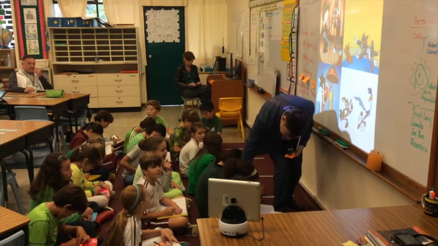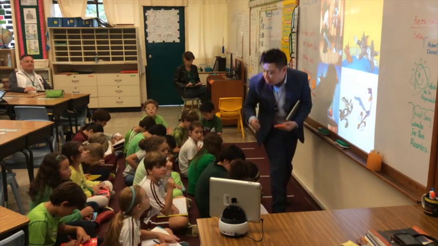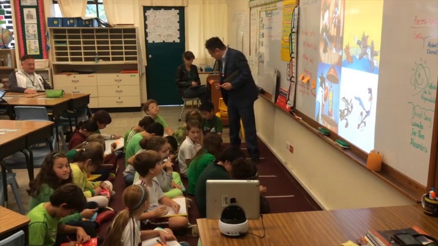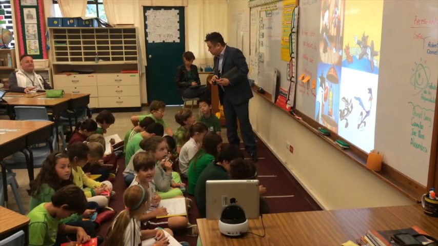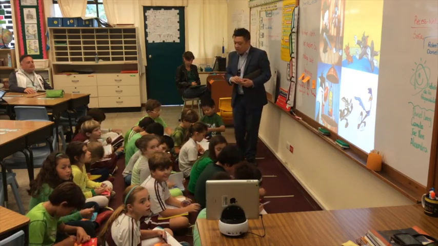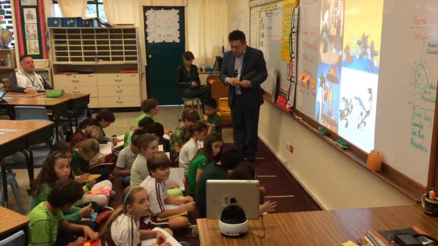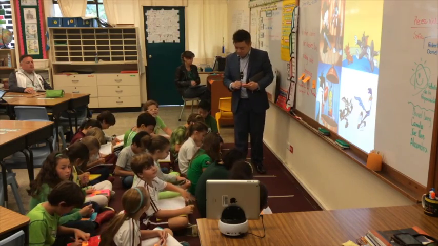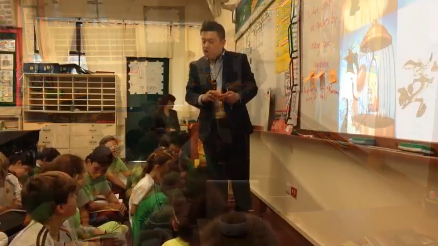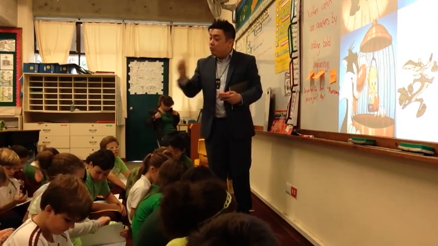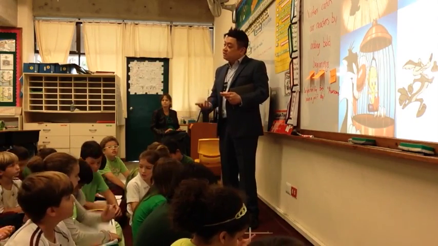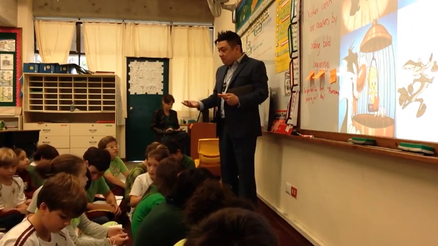You all set? Looks like we're almost there. All right. In a moment, you're going to turn and talk to your partner. You're going to tell them, I chose to do this because.